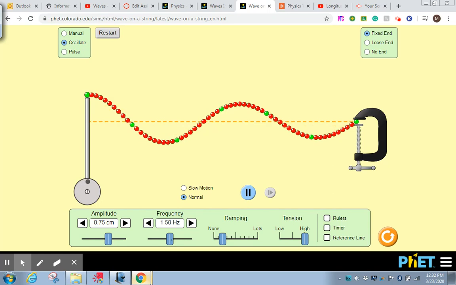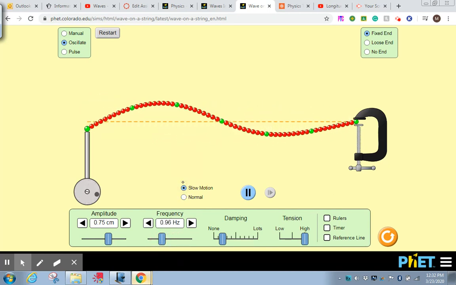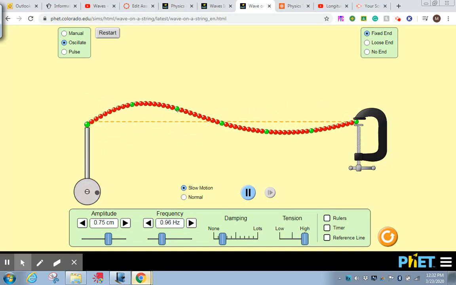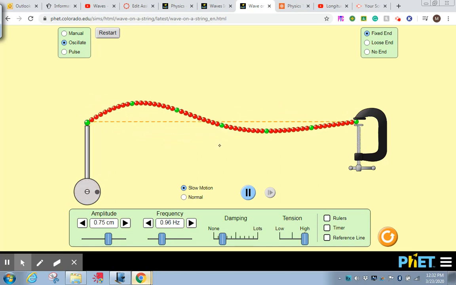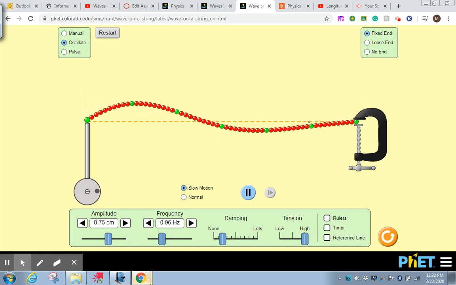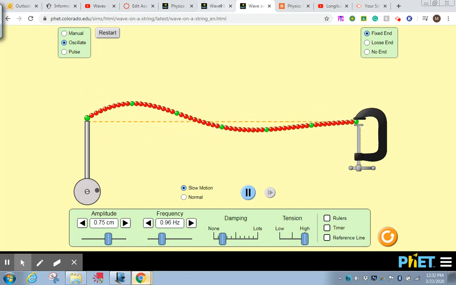I'm going to slow it way down and put it in slow motion. All right, so you can see the particles that make up this rope or string, and they're not moving their position. They stay locked in the same position, and they're just transferring their energy down the line. Okay, so waves transfer energy only, never matter.